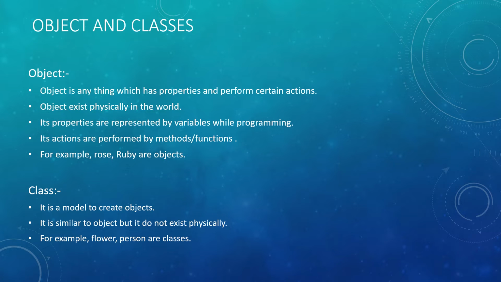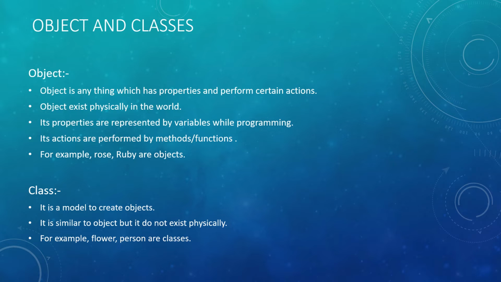So, the properties will be represented by variables in the program and actions which it performs will be represented by methods. For example, we take a person whose name is Ruby. So it will have certain properties like name is Ruby, certain address, and it performs some actions like teaching, etc.